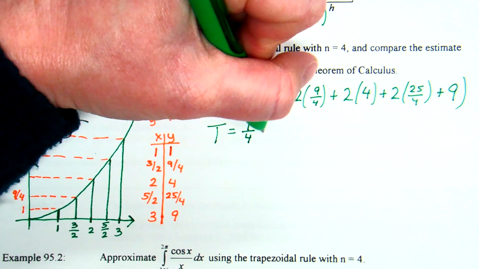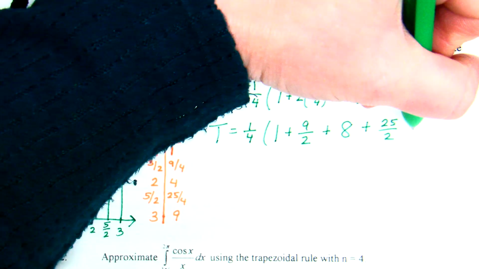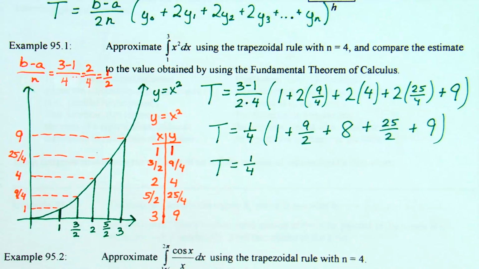I still have a 1/4 out front, but 9 halves and 25 halves, so I mean 34 halves, and 34 halves is 17, plus another 8 and 9 is another 17.